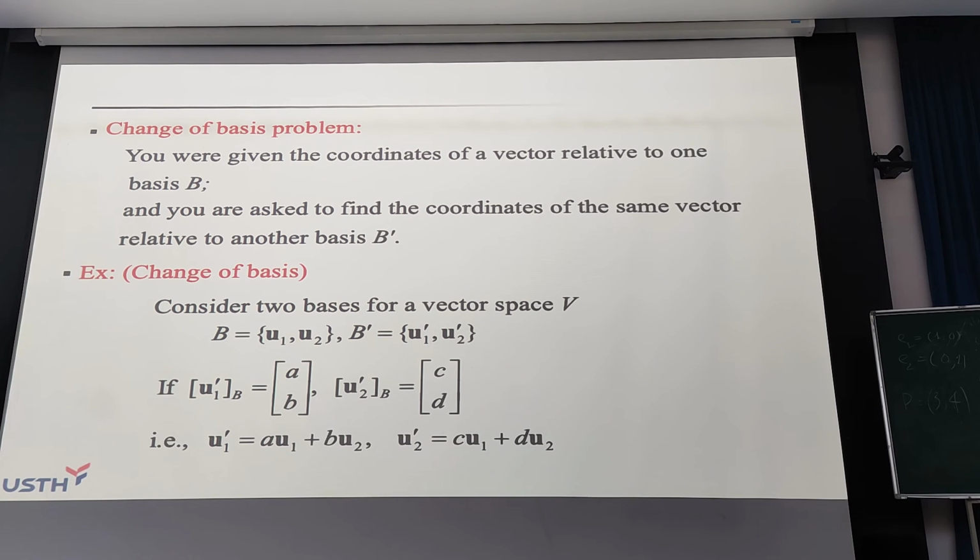So what does it mean? U1 prime has the coordinate A, B relative to B, which means that U1 prime equals A times U1 plus B times U2. And U2 prime has the coordinate C, D relative to B. It means that U2 prime equals C times U1 plus D times U2.